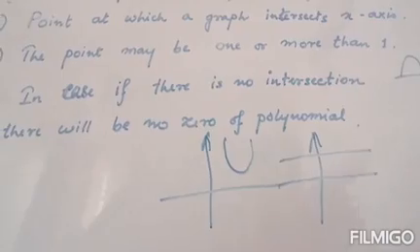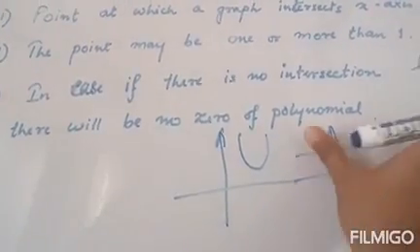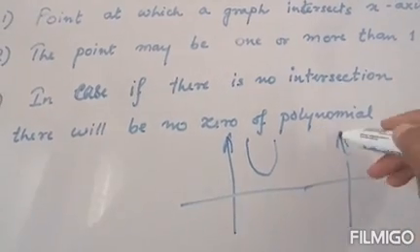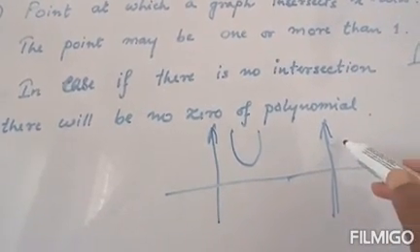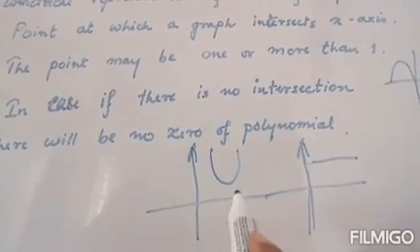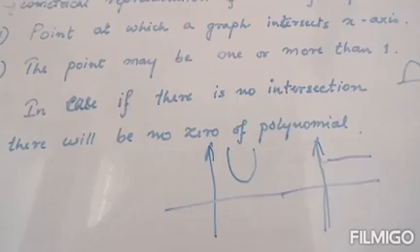In that case we will say that it is not having any coordinate, any zero of polynomial. Understood?